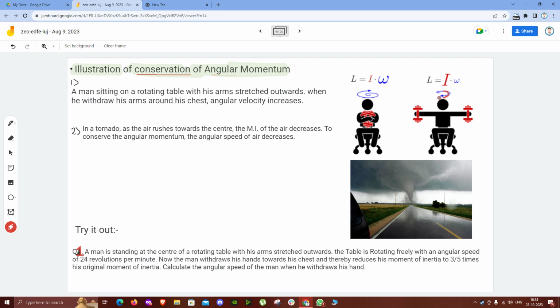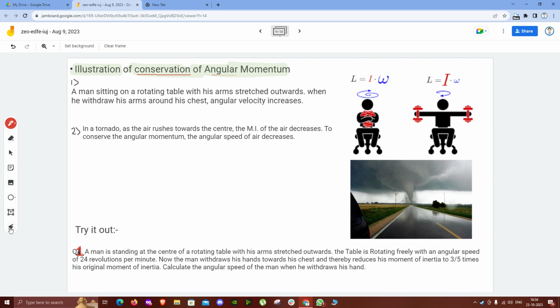That means you will feel like the person is rotating with a smaller angular velocity. Let's say he withdraws his arms around his chest. There is no external force applied right now. He has just withdrawn his arms closer to himself, closer to the axis of rotation.